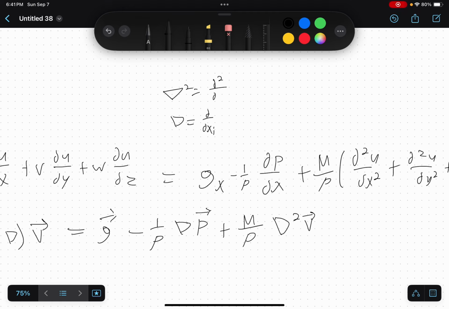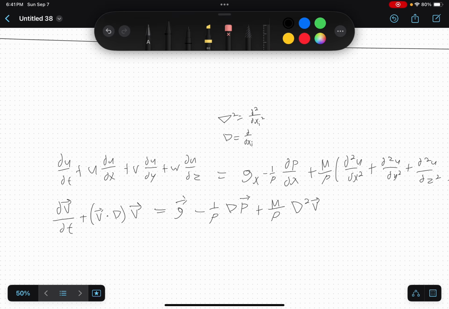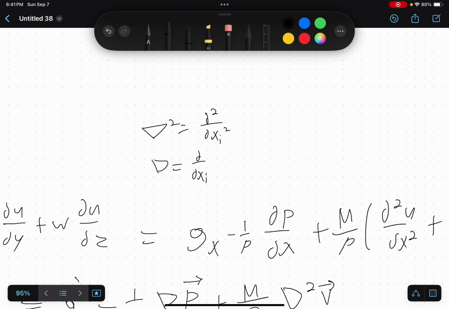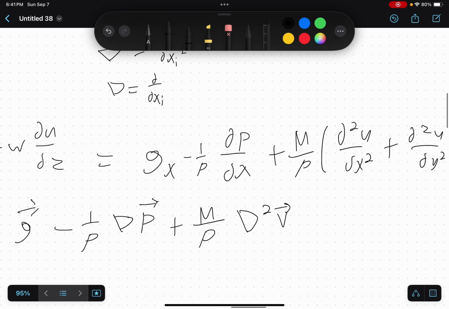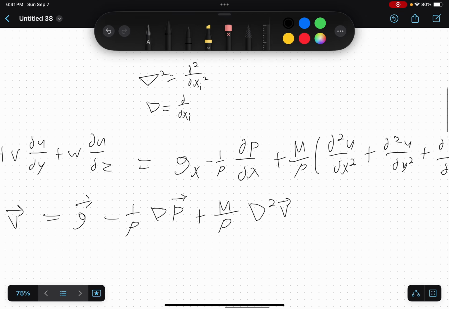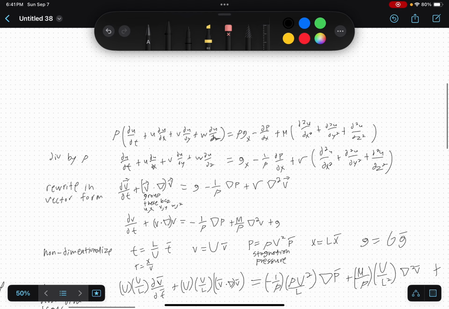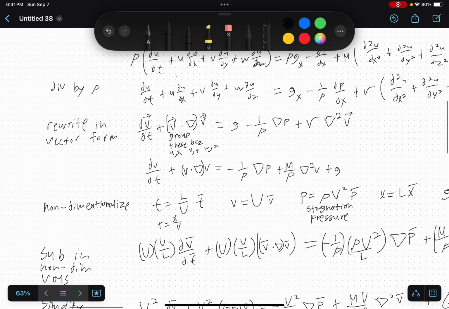Squared dxi squared? Something like that. I forgot. That might not be the right thing. I could look at my notes, but I don't really care. This is the correct simplification. Okay. Cool. Rewrite in vector form.